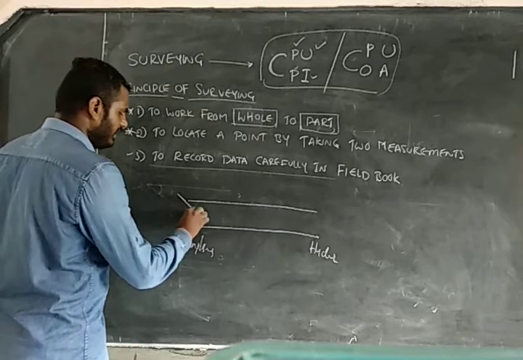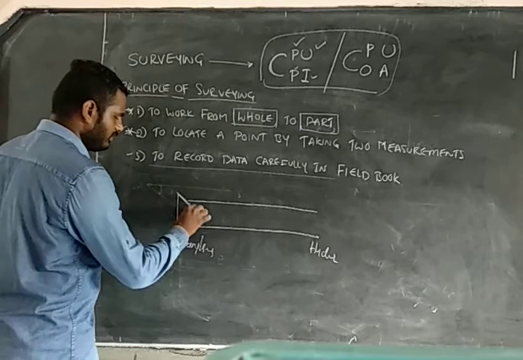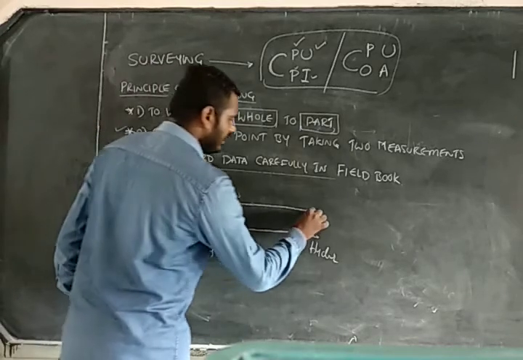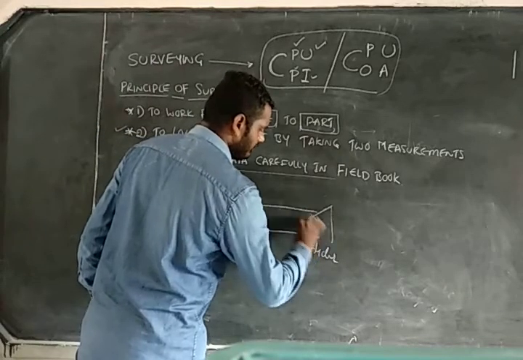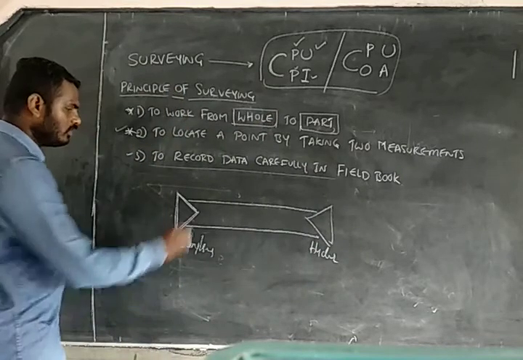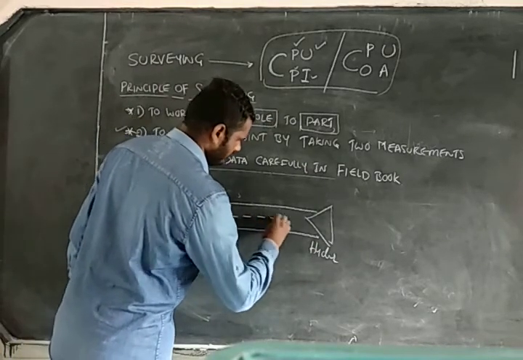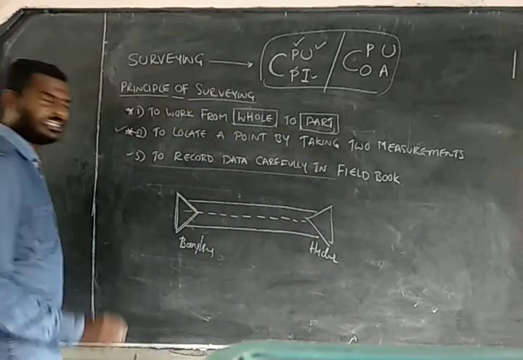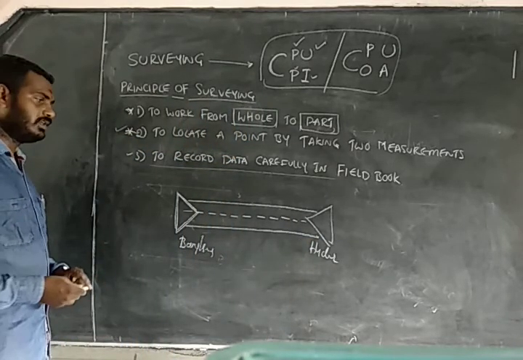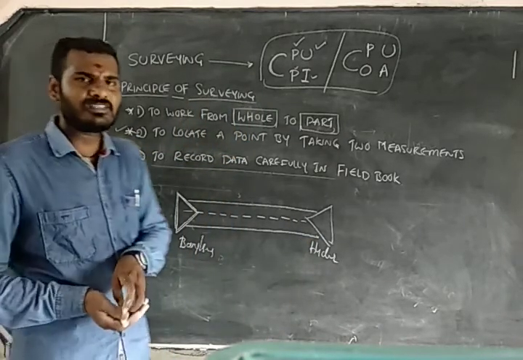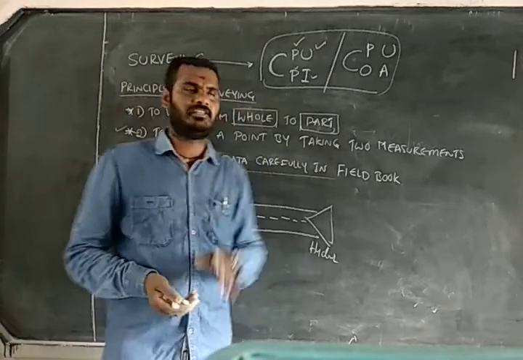So when you survey, when you measure the length from Bangalore to Hyderabad, what you have to do is mention in the field book this is the starting station and this would be the ending station. Okay, so when you travel and when you measure the distance between Bangalore and Hyderabad, you need to locate some features. Features in the sense landmarks. Landmarks are very, very important.